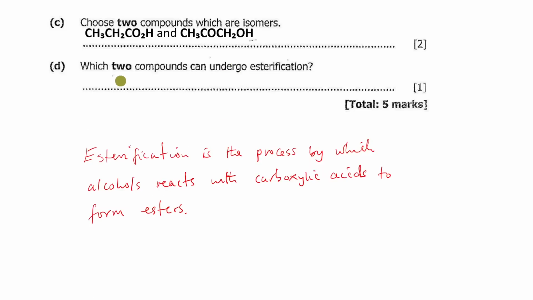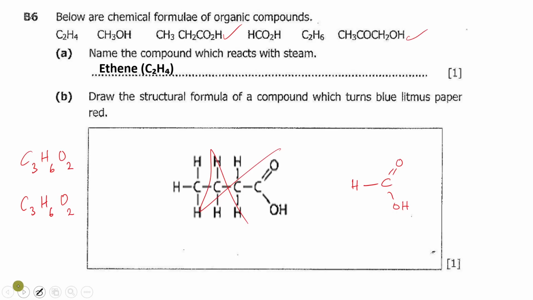So when they say which two compounds undergo esterification, meaning they want to identify an alcohol and a carboxylic acid. So when we come back here, you find that this one is an alcohol because it has OH. Then this one is a carboxylic acid.